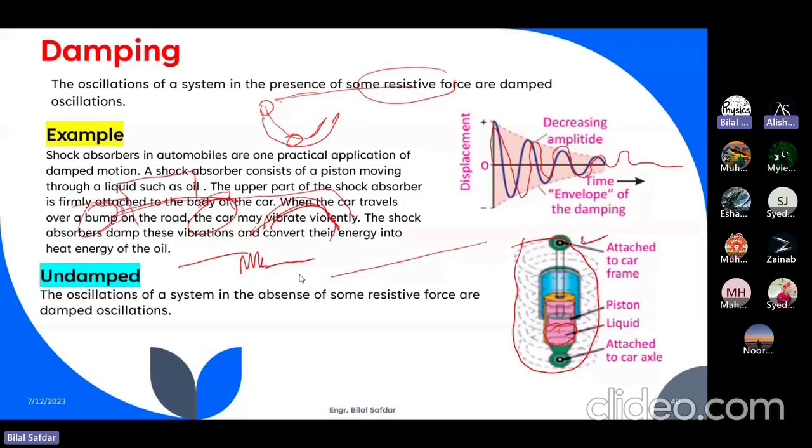Yes, sir. Any other example you can give of the damping effect?